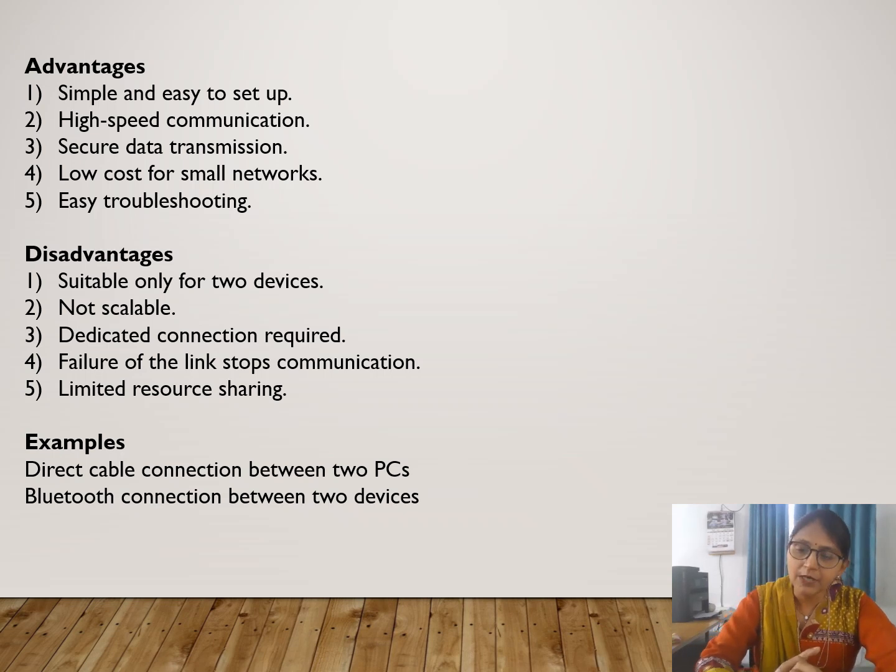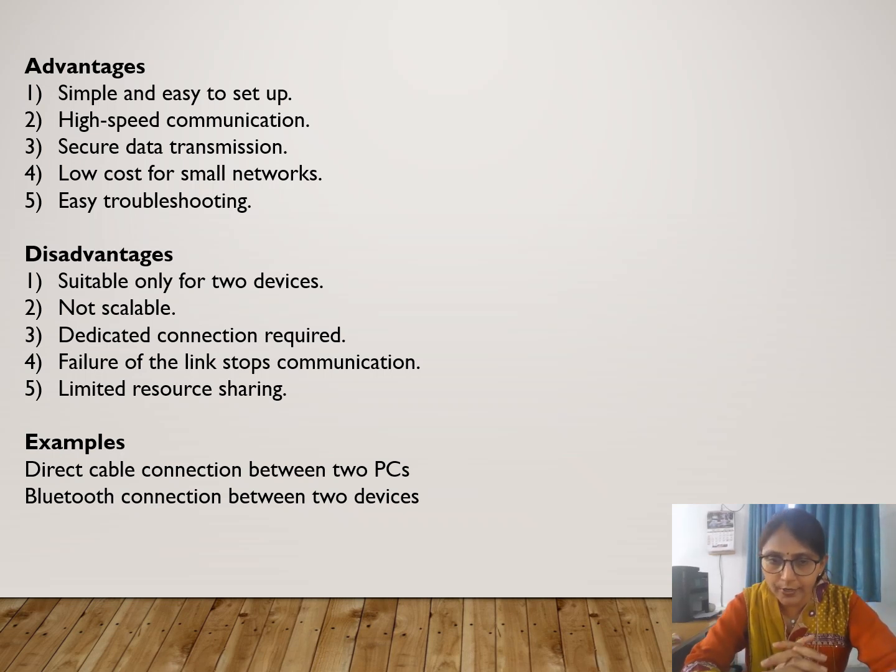Now we can see some limitations and drawbacks of the point to point system. The first drawback is that it is suitable only for two devices, as we can see in our diagram, where one system is connected to another. So it is suitable for only two devices and not scalable, that means we cannot extend our network. A dedicated connection is required: yes, we connect two systems using dedicated lines.